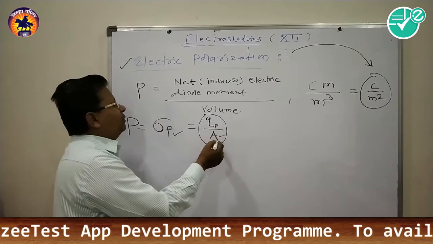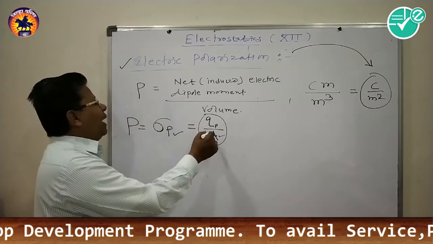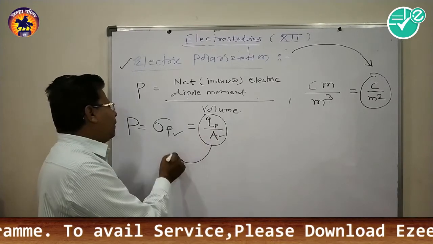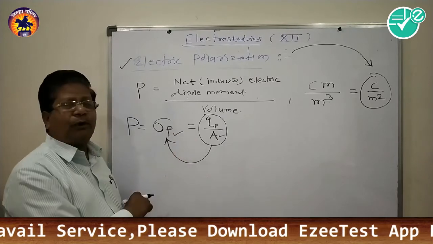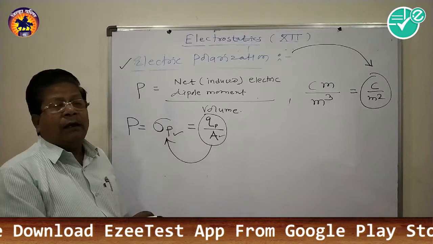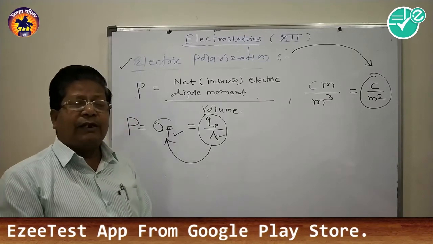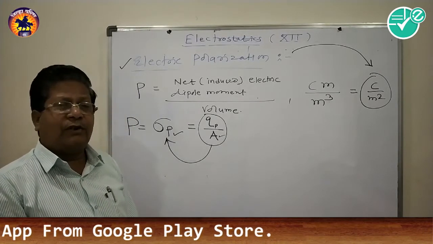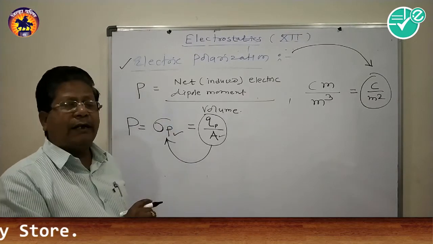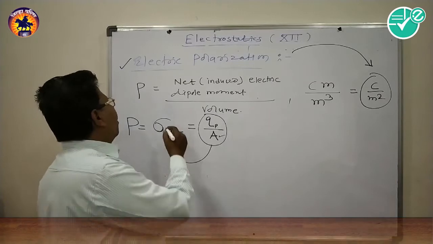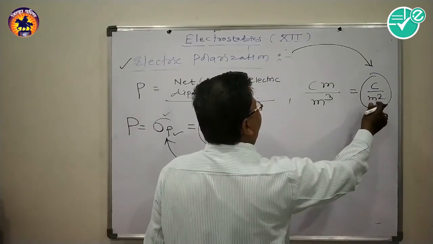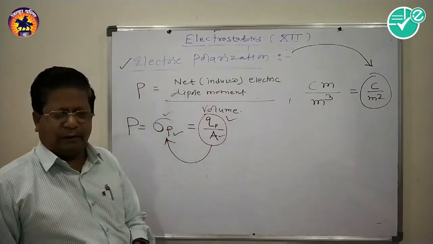And from this formula, Q by A is nothing but surface charge density. In a similar manner, electric polarization is the charge density due to polarized charges. From all these formulas, the SI unit comes out to be coulomb per meter square.